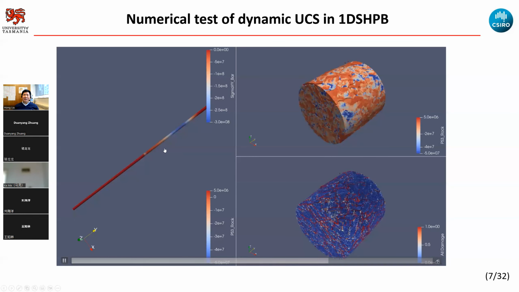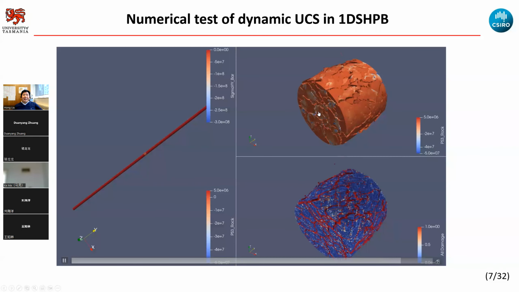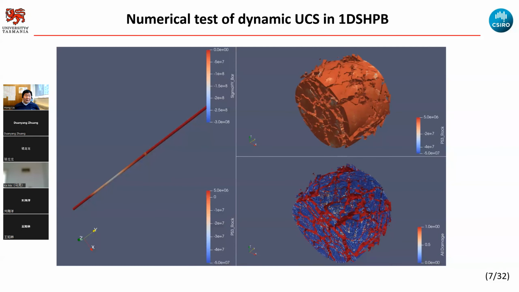Then after it passes through, you will see the sample starting to fail. Unlike the static uniaxial compression test, where you may observe a single split failure or shear failure, in the dynamic uniaxial compression test the failure pattern is complicated. The rock sample is fragmented into many fragments. Okay, so this is one where we only change the sample.